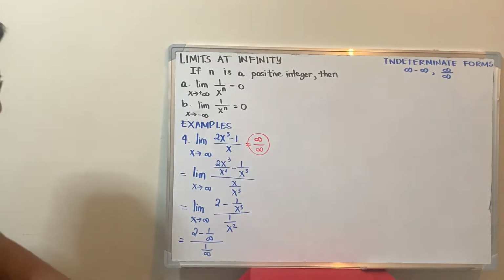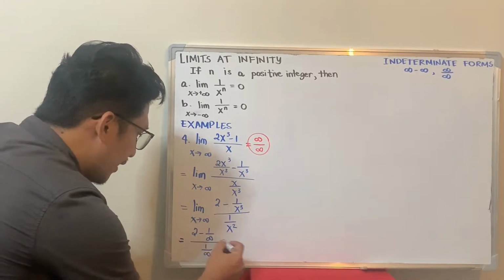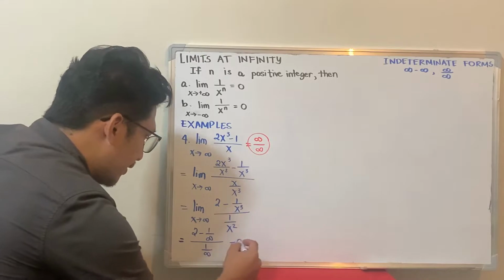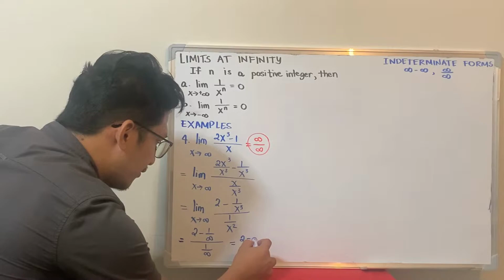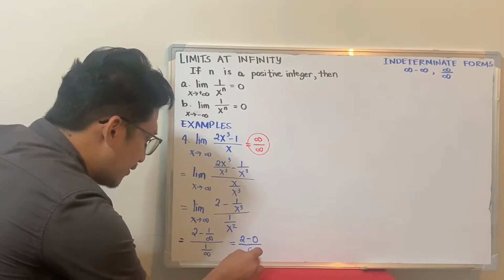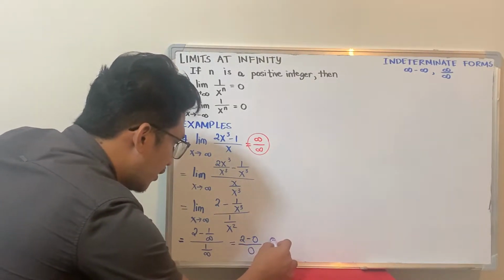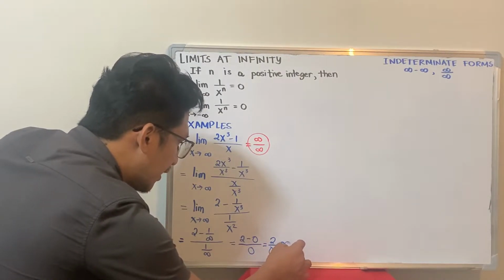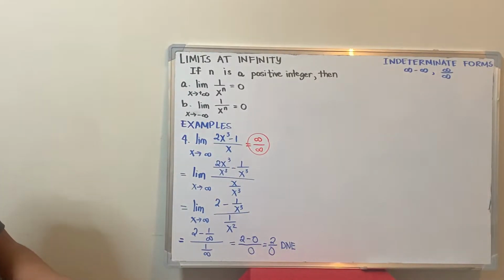From there we see that this one is equivalent to 2 minus 0, all over 1 over infinity, which is again 0. So in other words, you have 2 minus 0 is 2, all over 0, which means the limit does not exist.